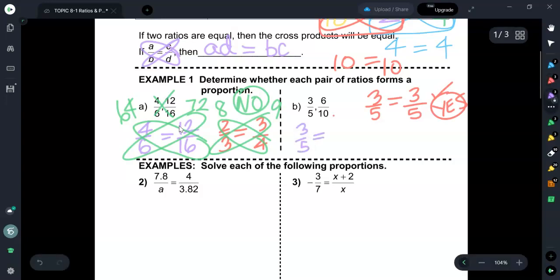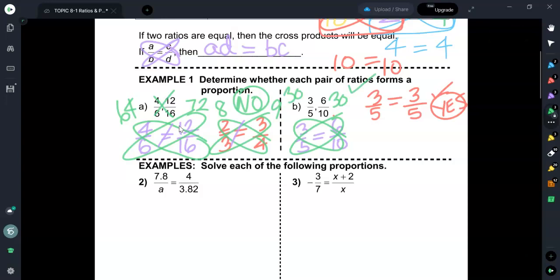Let's set up our equation, 3 over 5, 6 over 10, and see if that is actually possible. By the way, I'm going to go back and do this because that's the proper way to do it. Those were not equal, so I'm going to slash through the equal sign. So let's test these out. 6 times 5 is 30. 3 times 10 is 30. Yes, we have a match. So this is how you actually compare and see if they're equal.